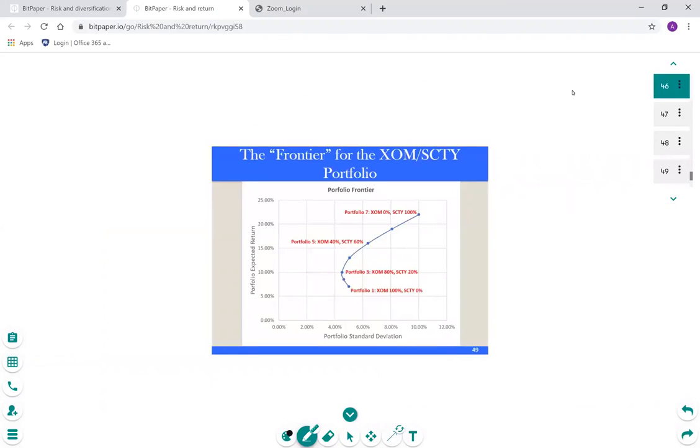And that will look as follows, a little bit nicer than I had drawn it on the previous page. These are all the different sets of risk and return that are implied by different shares of ExxonMobil and Solar City in your portfolio. So you range from a portfolio that has a high return and a high volatility.